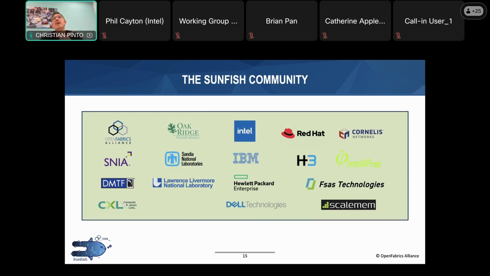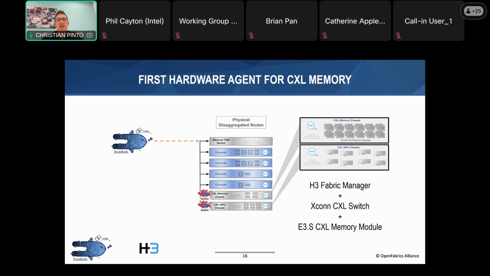Another important announcement today is that we actually have one real product that is natively coming out with a Sunfish agent. This is a CXL memory appliance from H3 platform. This appliance is for memory disaggregation over CXL. Here we have some details.